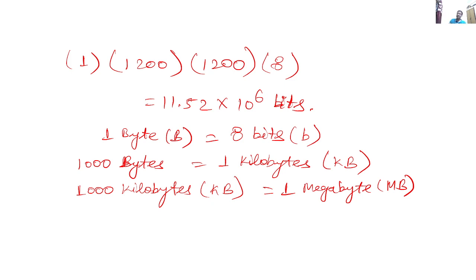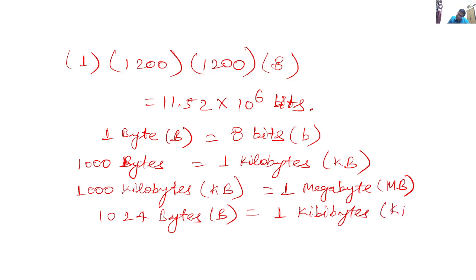There is also another sort of conversion in computer science. It is 1024. So 1024 bytes is something known as 1 kibibyte. And some people also write kibibytes as kilobytes, and that is how this confusion erupts.